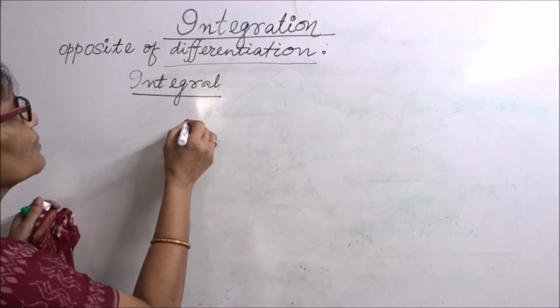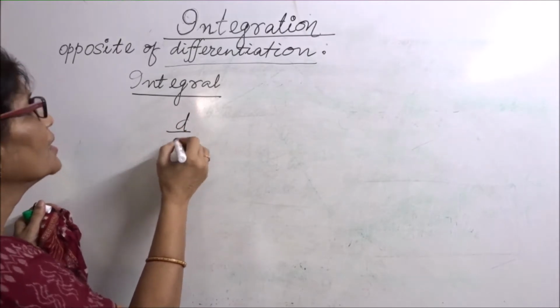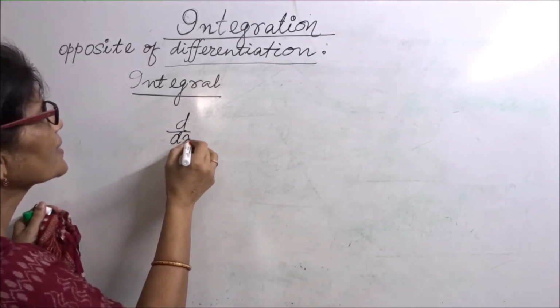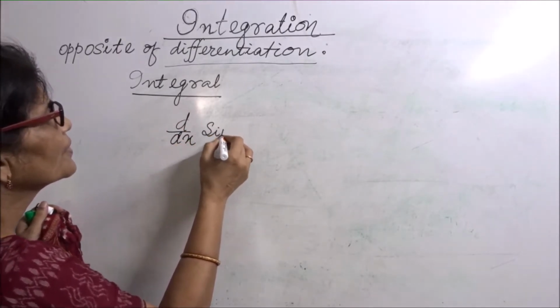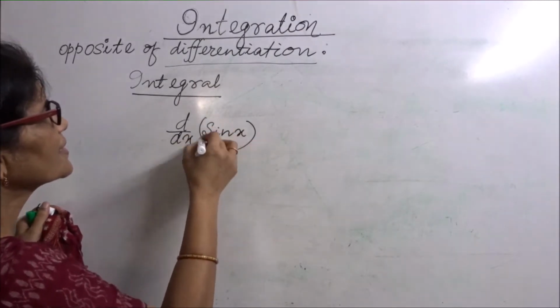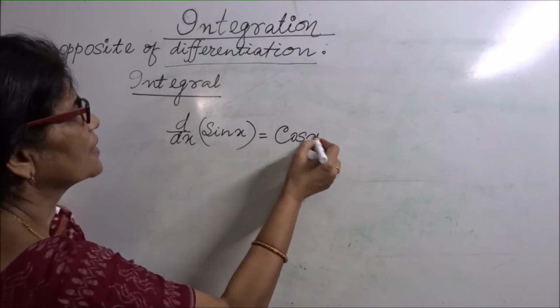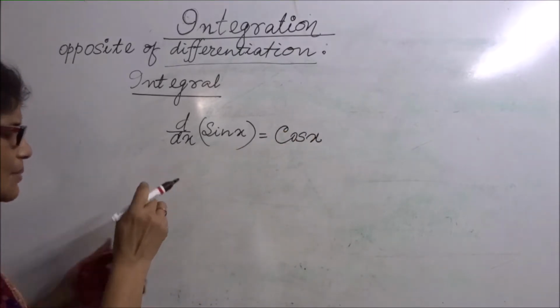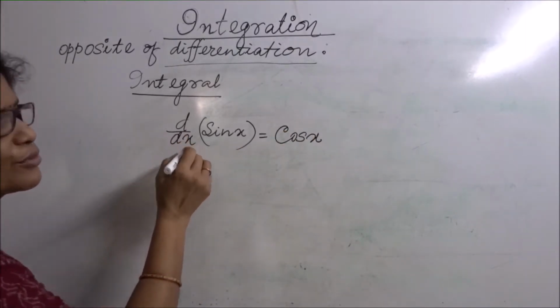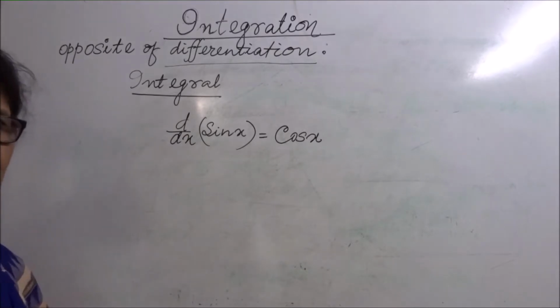So derivative of sin x is equal to, yes, it is cos x. And this d by dx is the symbol of derivative.